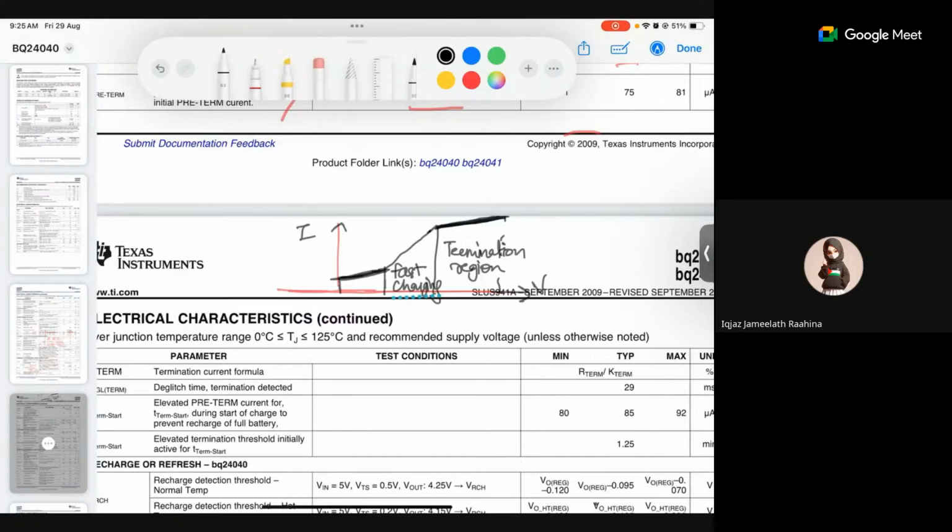Now the question is asking: when we reach this point, from here to this point, how much is required?